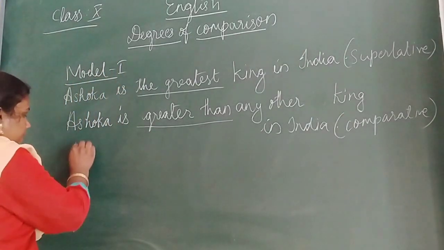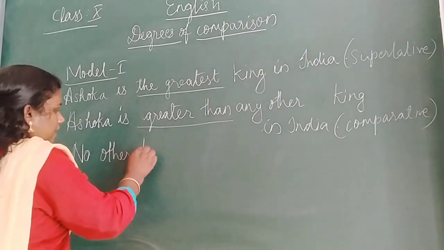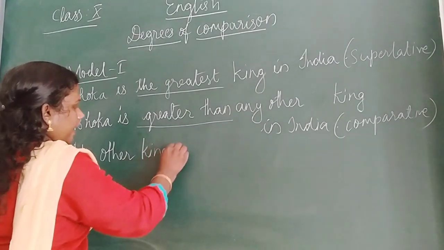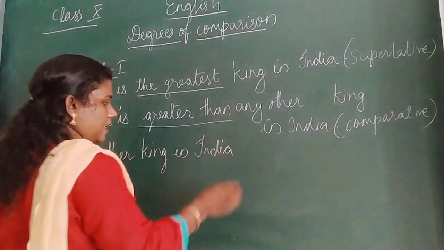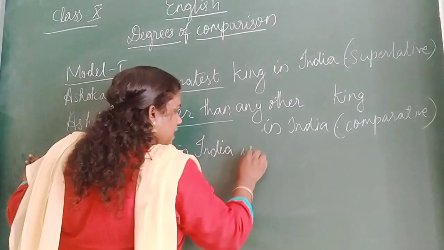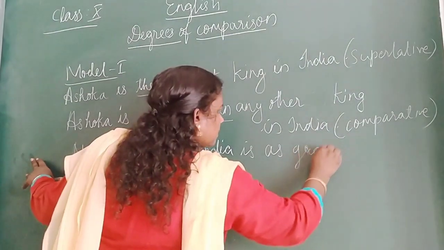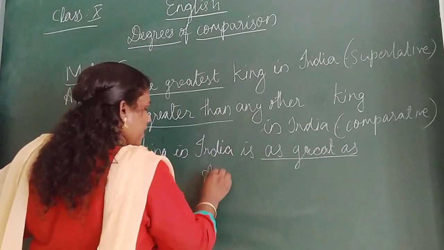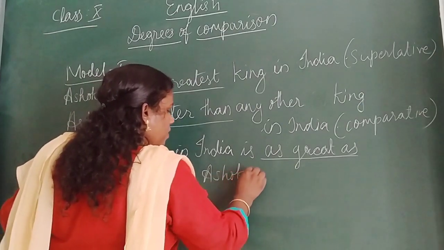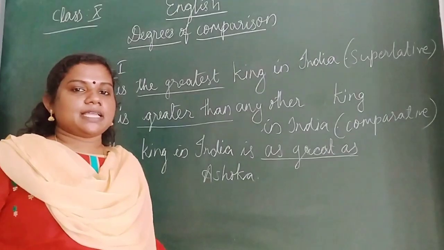So how can we write it? We should start the sentence like this: No other king in India is as great as Ashoka. That is the meaning of this sentence: like Ashoka, no other king in India.